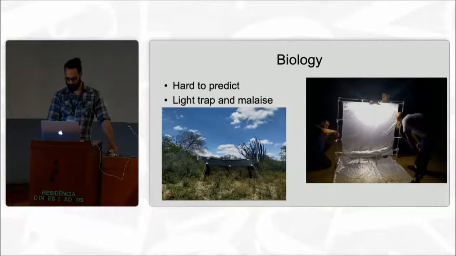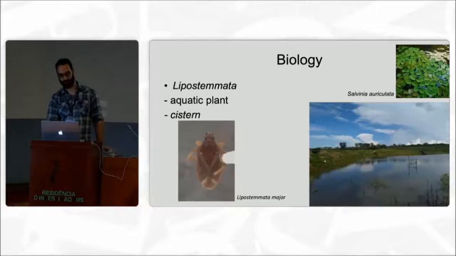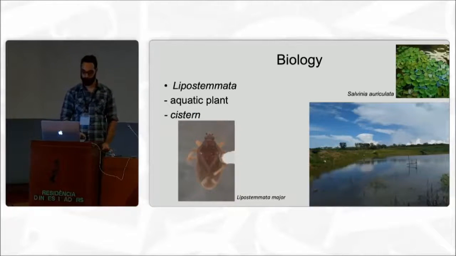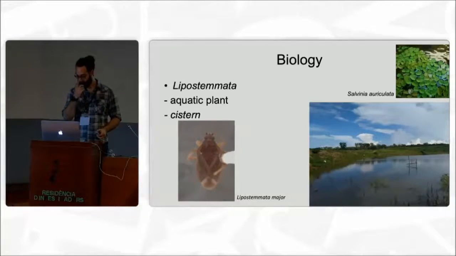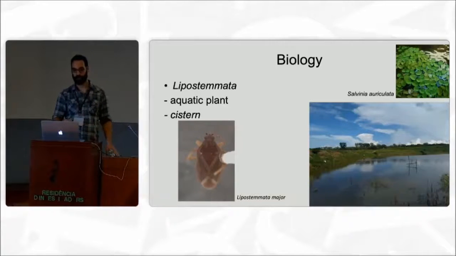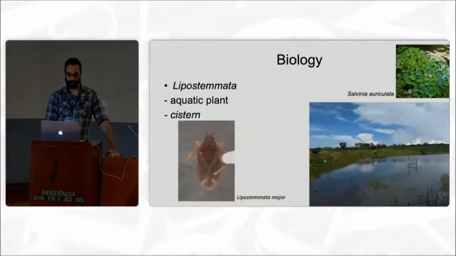But we have a case of the genus Lipostemata. Here they were found on aquatic plants, and in this project we were able to collect them in water and also in a cistern. So this could be semi-aquatic, maybe.